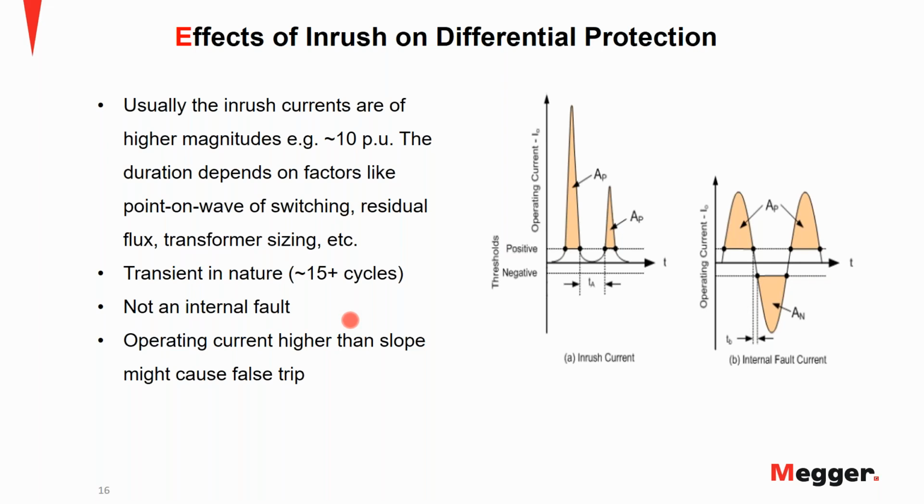So what we want to do is make sure that we block for this rich harmonic content that's coming out of the transformer when we energize. The operating current can always be higher than the slope, which can cause a false trip, because if we didn't have any type of harmonic restraint to see this DC component in the inrush, we would end up tripping, and then we'd constantly run that same cycle again.